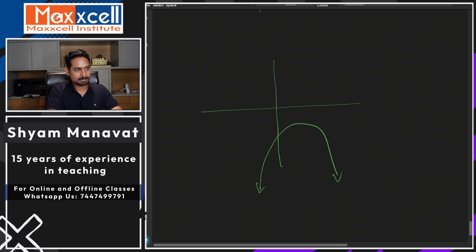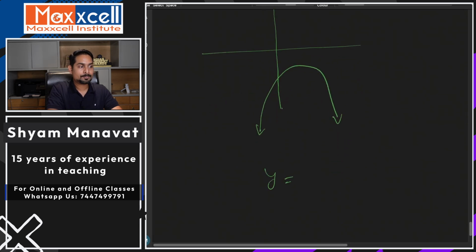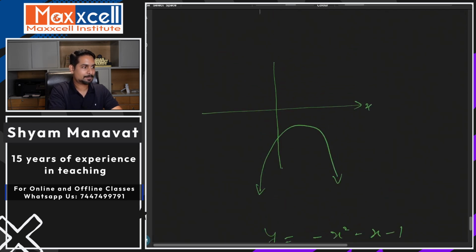Let me give you one example: y equal to minus x square minus x minus 1. The coefficient of x square is negative, a is negative here, so it has to be downwards. And the roots of this equation will be imaginary, so it will not touch the x-axis.